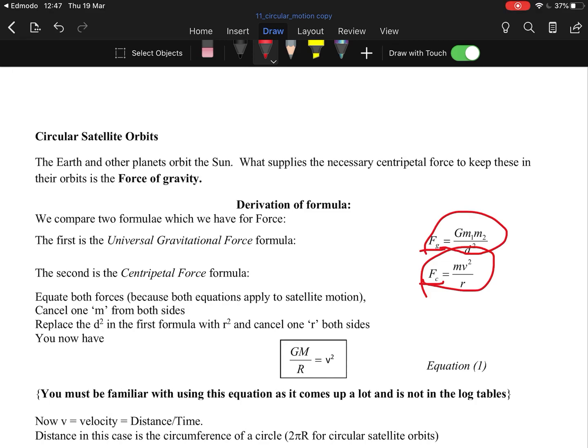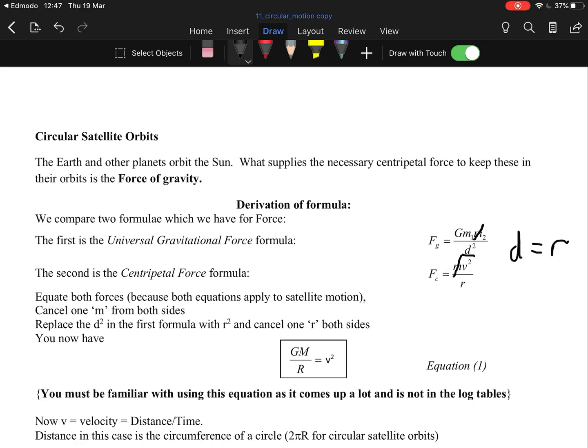Okay, so if these two equations equate to each other, then what does that mean? That means that the m here will cancel the m here. And we can also say the distance is the distance from the center of the planet, so the distance equals the radius. So the two m's will cancel, and this d squared here equals the radius.